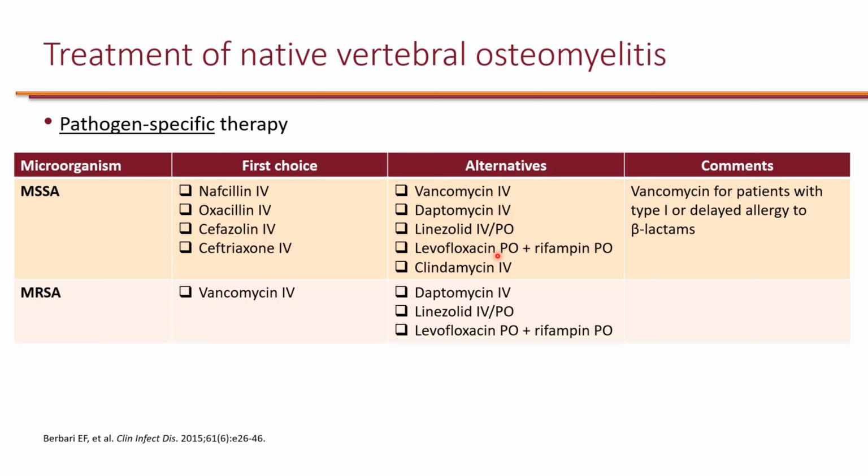Now, the reason levofloxacin and rifampin is a 2-drug combination is because that is how this combination was studied in clinical studies. Now, for MSSA specifically, beta-lactams are superior to vancomycin, so it's always important to not use vancomycin for MSSA unless the patient had severe type 1 beta-lactam allergy, because by far beta-lactams are superior in eradicating MSSA.